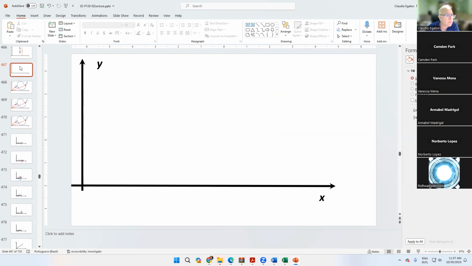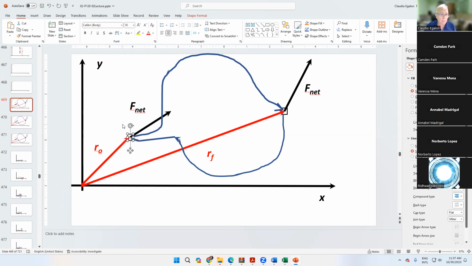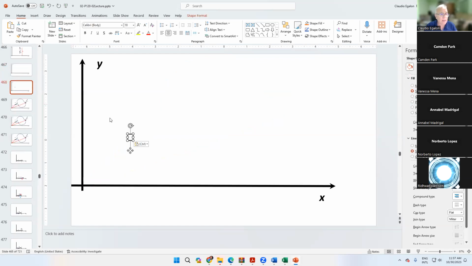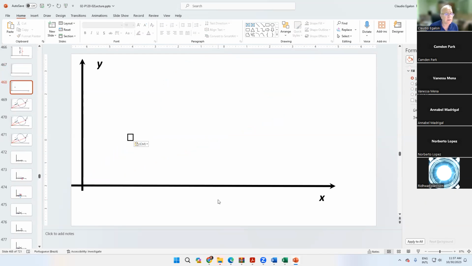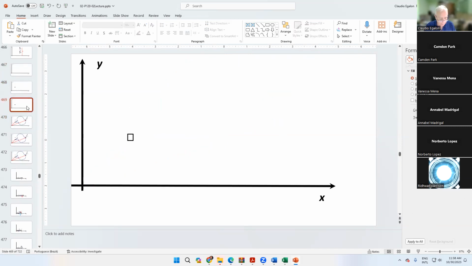Start with X and Y axes, and then we place our object at the initial position. By the way, this initial position is denoted by the initial position vector R0.